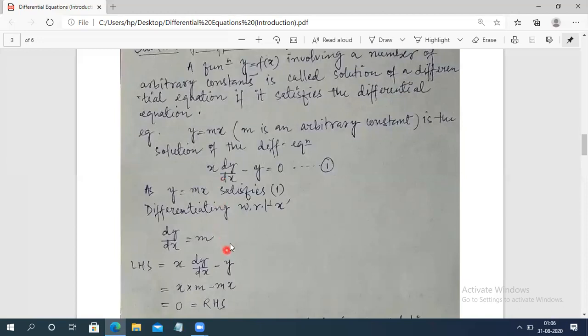We have to differentiate it that many times. If there is only one arbitrary constant, we differentiate it only once, and it will be a first order differential equation. If there are two different arbitrary constants present in the solution, then we will differentiate it twice, and we will get a second order differential equation.